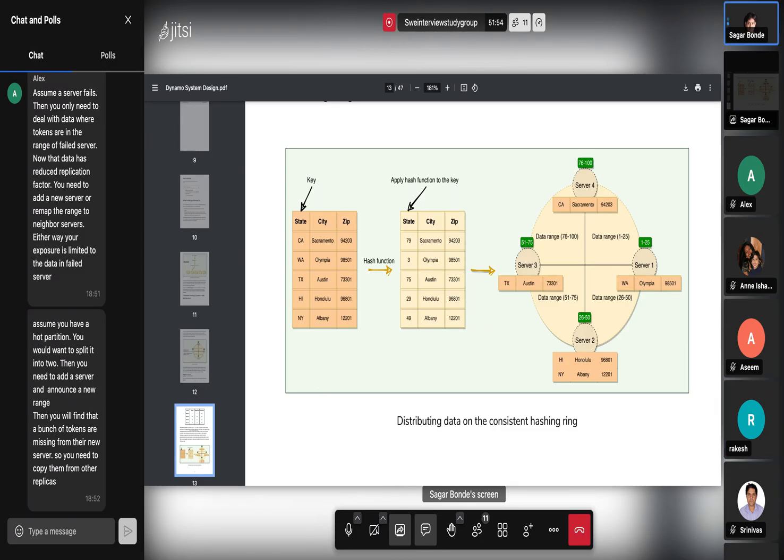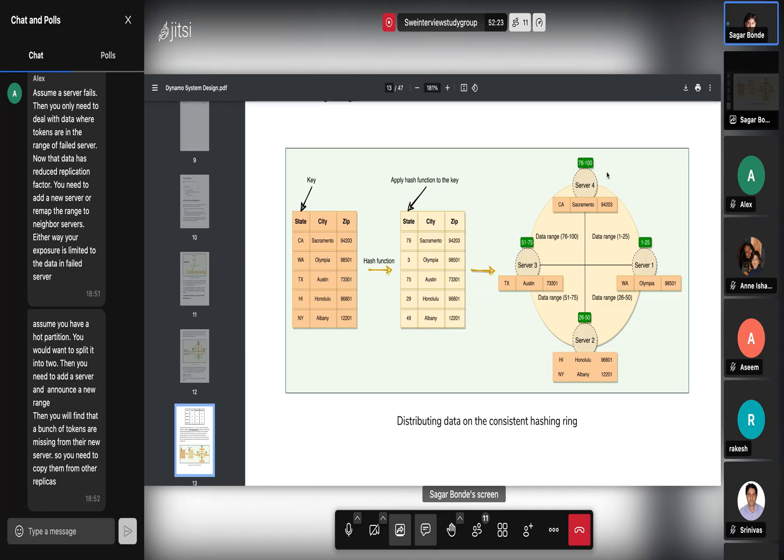Basically what they are doing here is, CA is hashed, it gives us 79. WA is hashed, it gives us 3. Whatever the key is, it's hashed and gives us some token value. Then this token value is distributed, let's say with a modulo function, across the number of nodes we have.